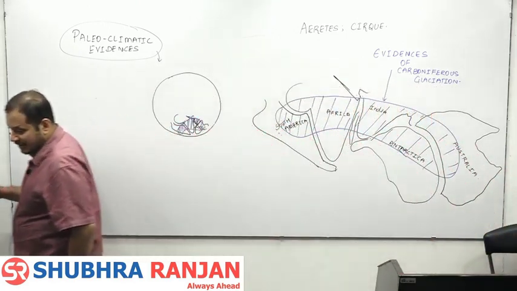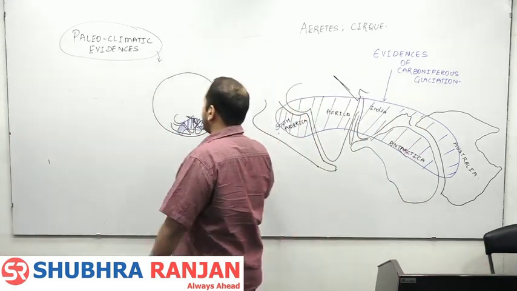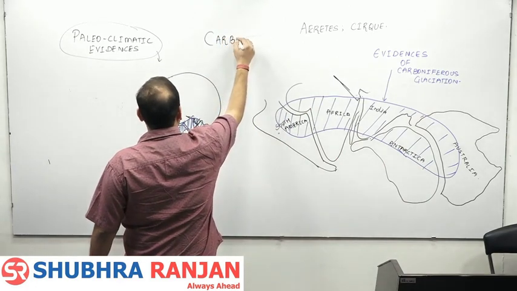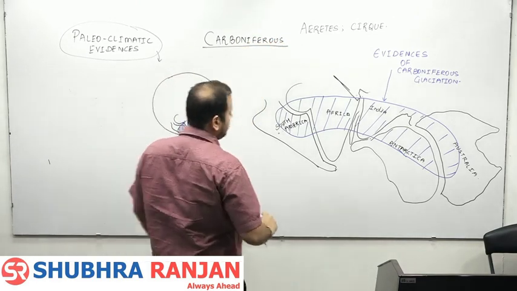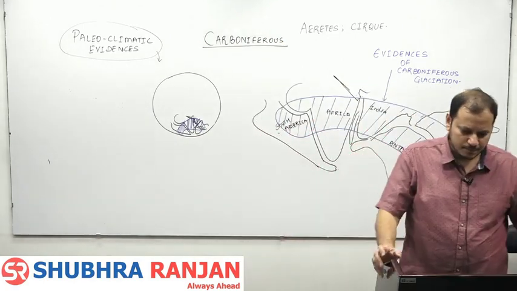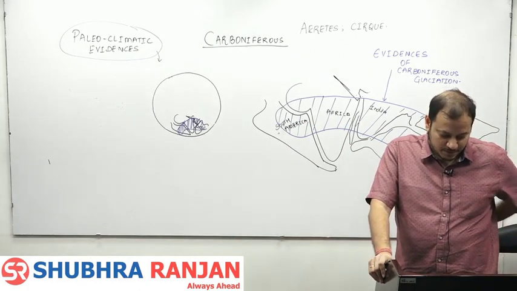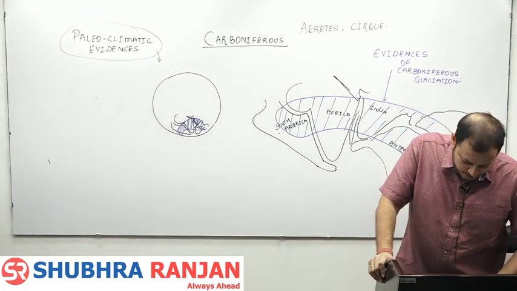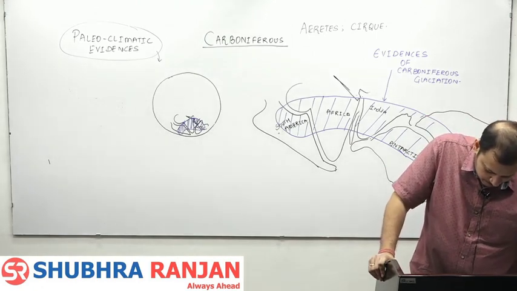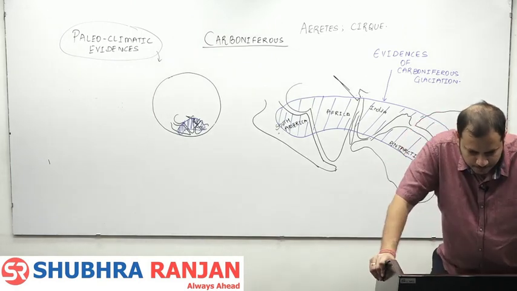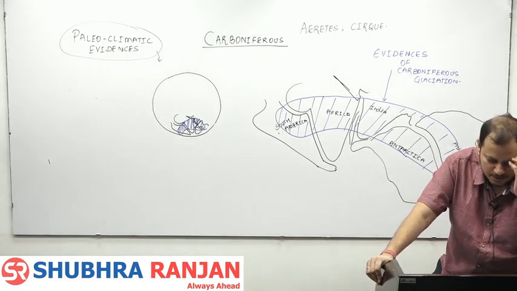Coal was formed in a period, remember this for GS also, known as the Carboniferous period, due to death and decomposition of vegetation belonging to hot and humid climatic conditions.